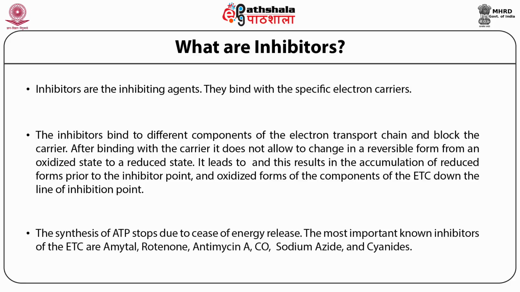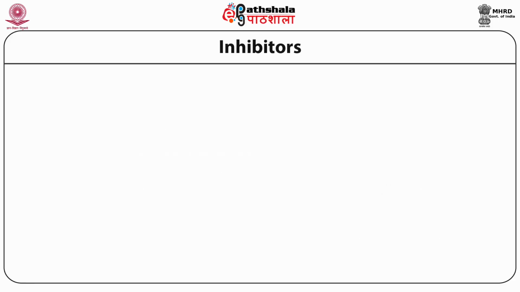The synthesis of ATP stops due to cessation of energy release. The energy will stop releasing and ultimately the ATP synthesis will stop. The most important inhibitors of the electron transport chain are amytal, rotenone, antimycin A, carbon monoxide, sodium azide, and cyanide.